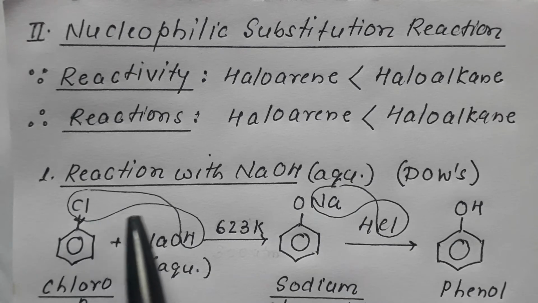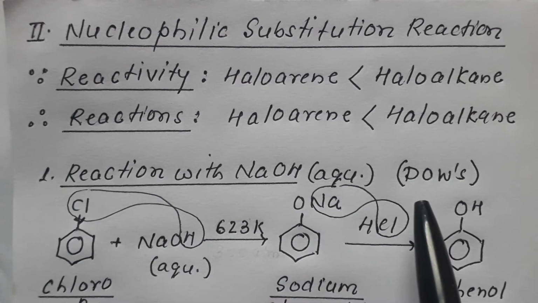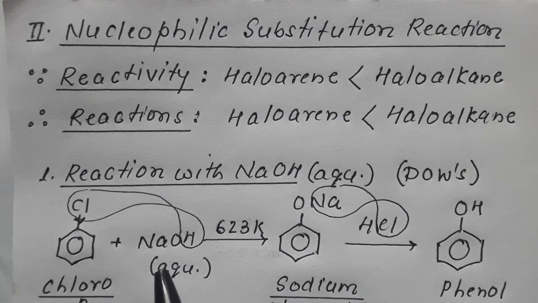So number one, reaction with aqueous NaOH. Remember, this reaction is termed the Dow process. What happens if chlorobenzene is made to react with NaOH?